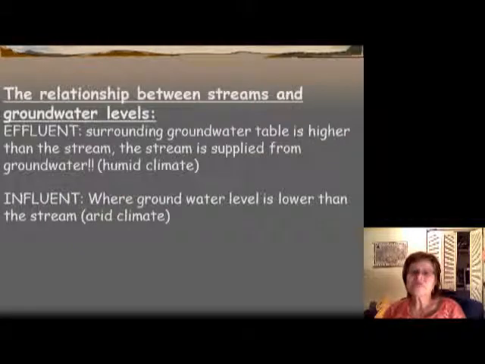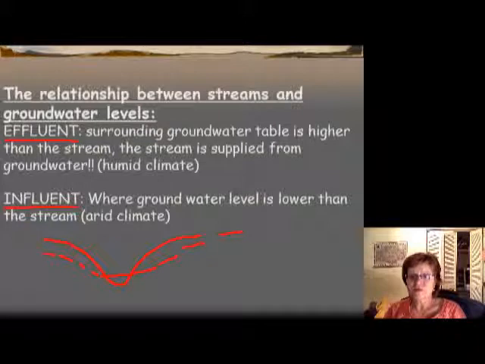Now, the relationship between streams and groundwater levels. We have two kinds, the effluent and the influent. When the stream is effluent, that means that it's in a humid area. So you have a valley, it's a humid area, so the groundwater basically feeds the stream.